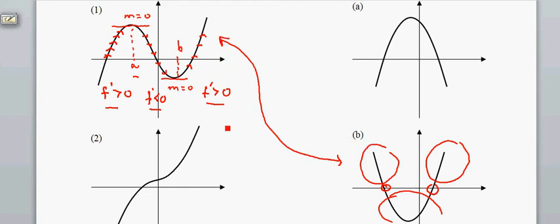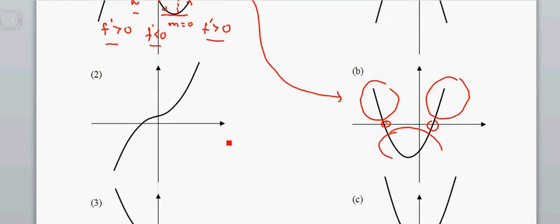Let's take a look at graph number 2 and see what we can tell about that. In this particular graph, the cubic is one that has no turning points. In fact, it's always increasing. And what that tells us is that its derivative will always be greater than 0. Its y values will always be above the x-axis. Now granted, they're increasing faster here and here, right?